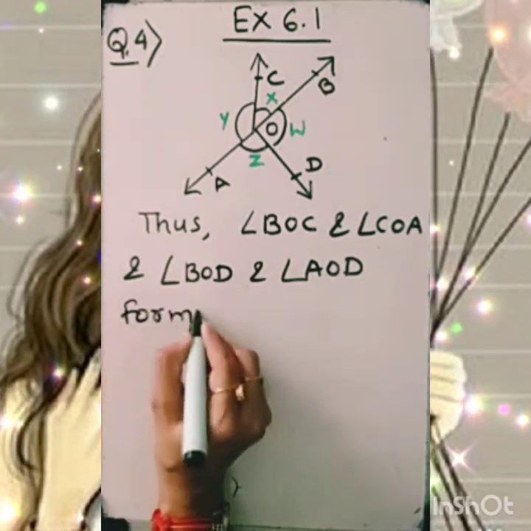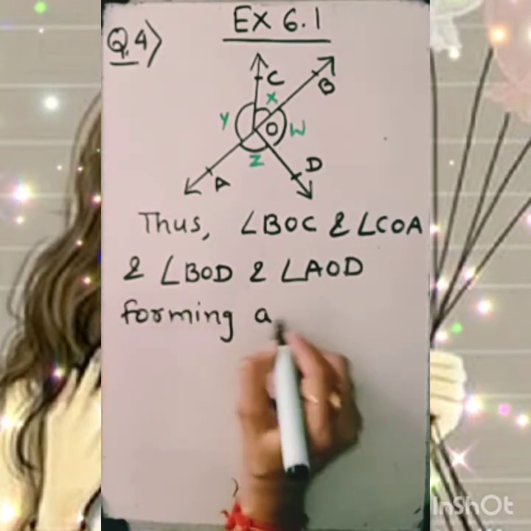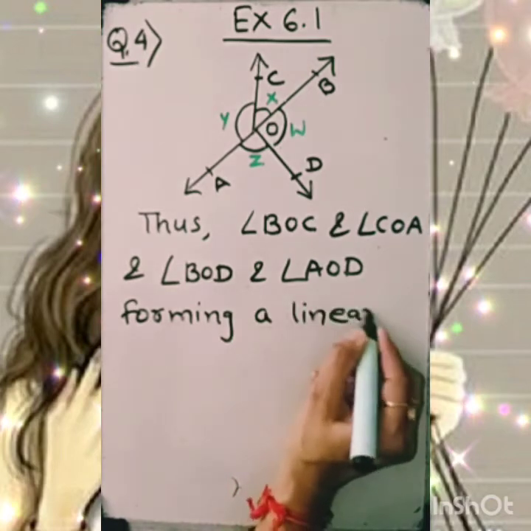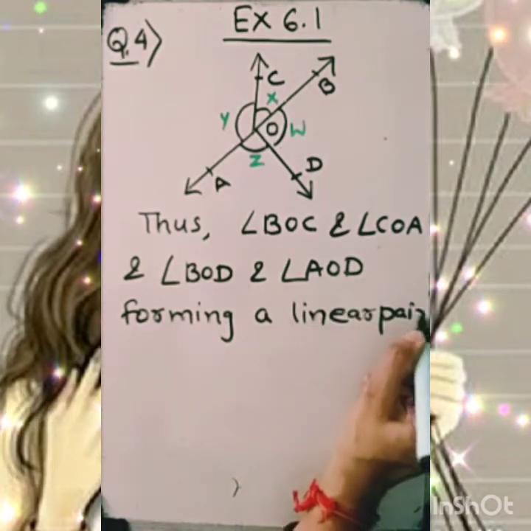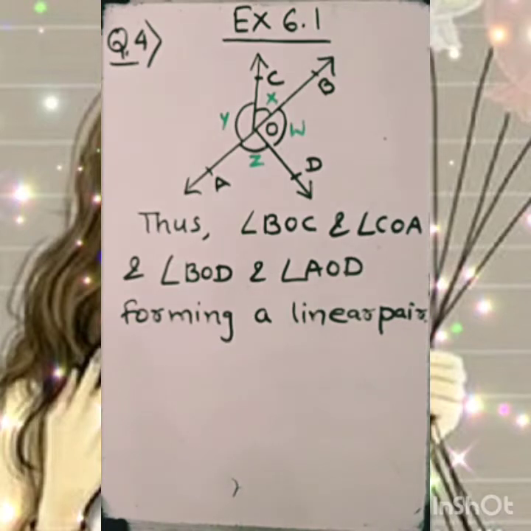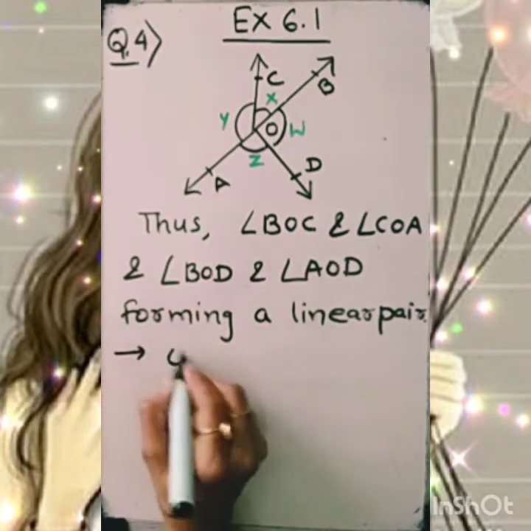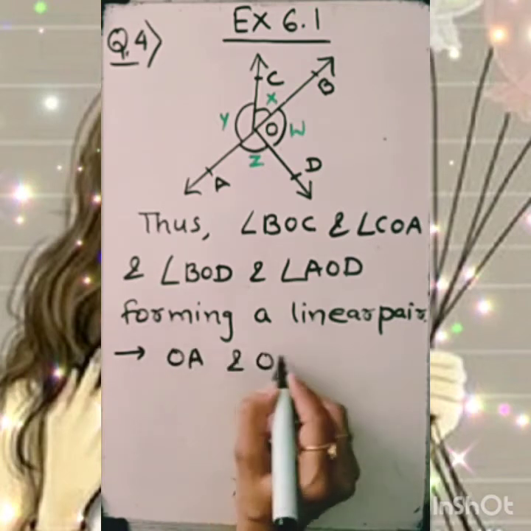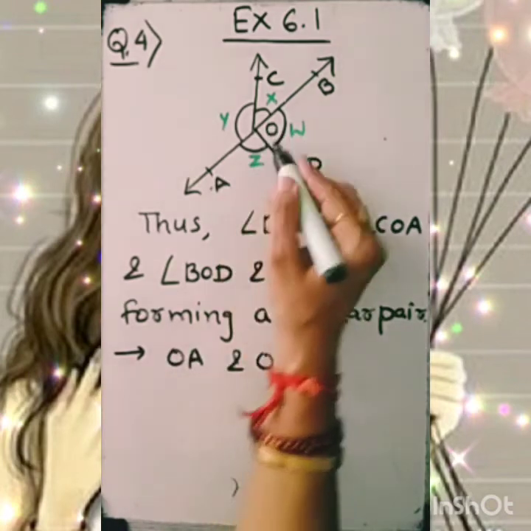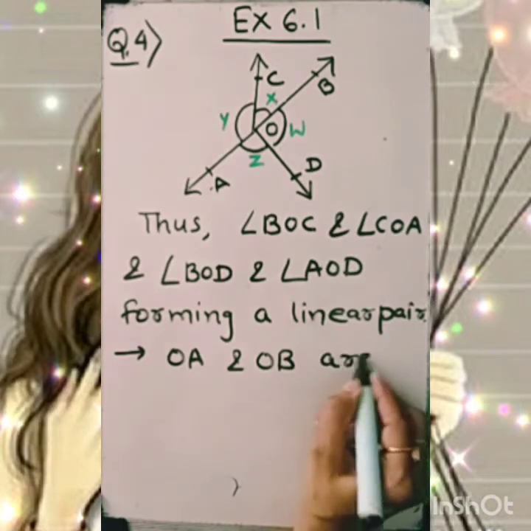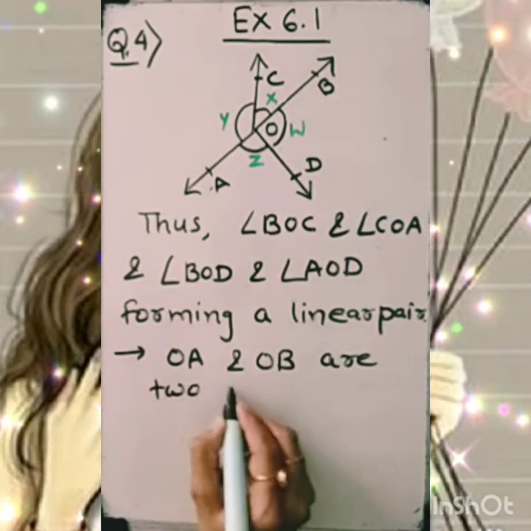They are forming a linear pair. This we know very well. If they are forming a linear pair, then of course OA and OB are opposite rays. This OA and OB are two opposite rays. Okay.